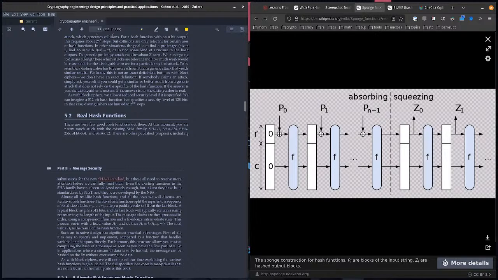But since they don't actually have the output of the message after Pn-1, they will only have the output after Z0, Z1, and so on. They can't arbitrarily insert their own suffix to the message. So that's the intuition behind why SHA-3 is relevant.